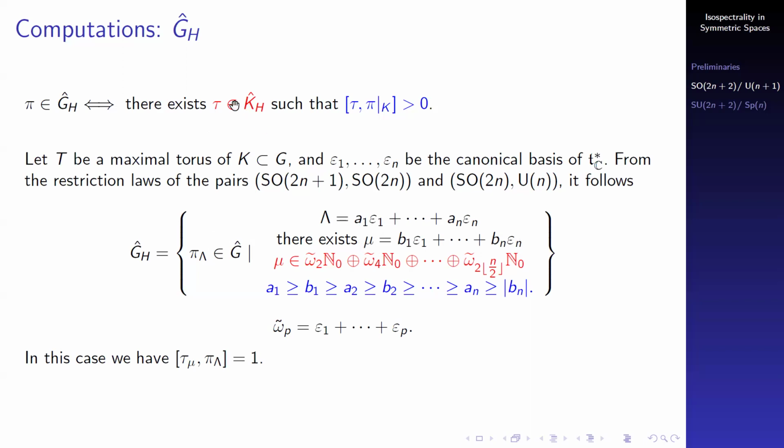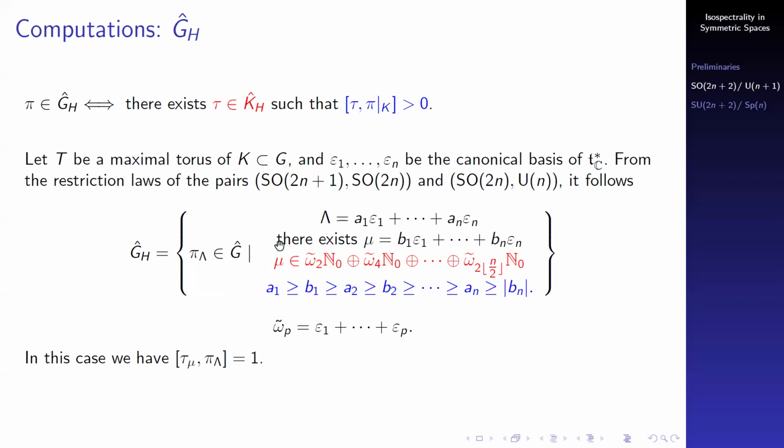The red condition says that this weight mu has to be in this set, where these are the fundamental weights, where W tilde p is epsilon 1 plus up to epsilon p. And the blue condition is for that representation to appear in the representation P restricted to K. This is a branching law, which is the blue condition.